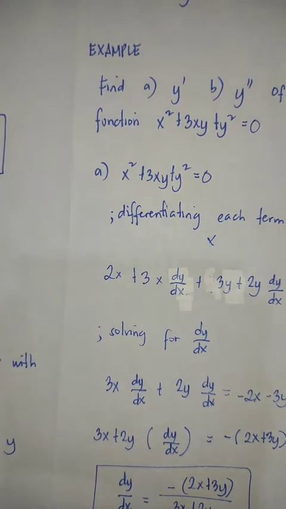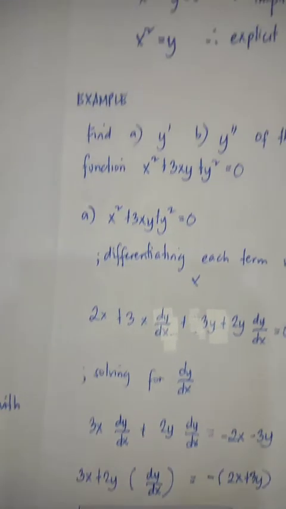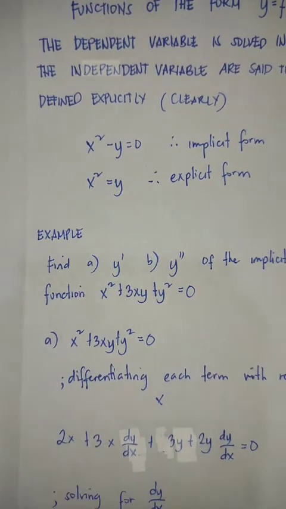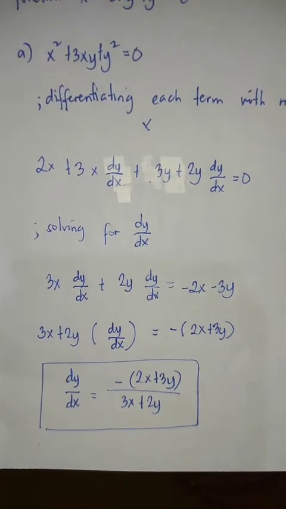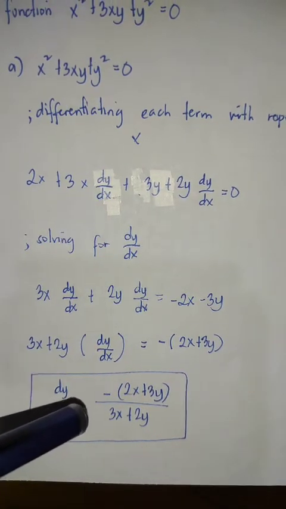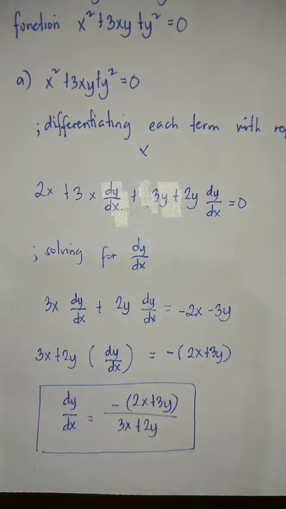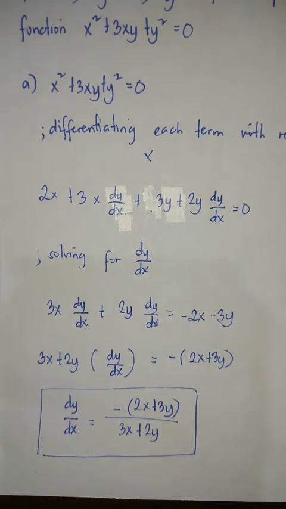So, yan yung implicit differentiation. So, next problem is, dito is y prime, yung a. For b, kunin mo lang yung second derivative. Kunin mo daw yung second derivative nito. Second derivative nito is derivative of quotient. So, may idea ka na sa quotient. Yung sagot dyan is yung quotient na naka-square.